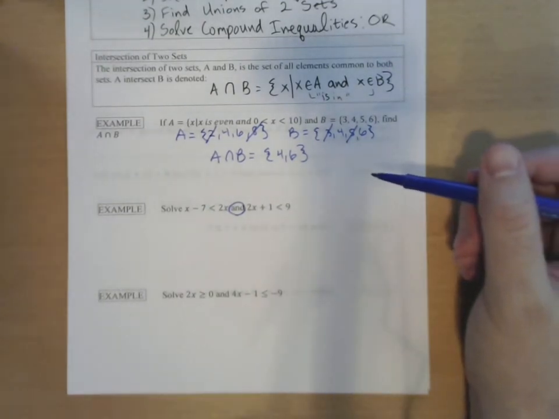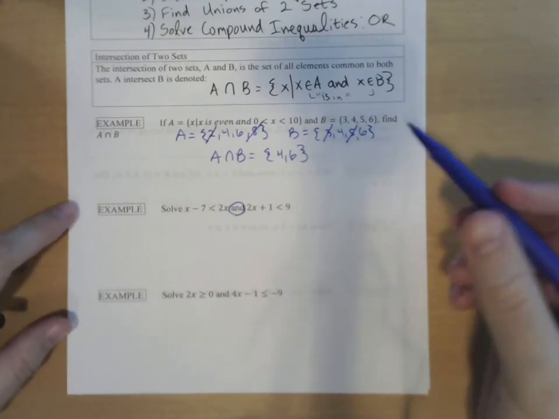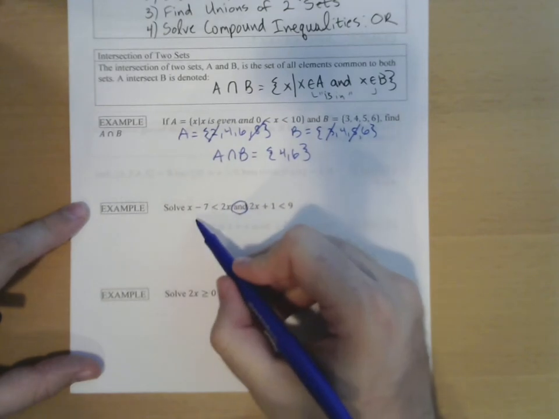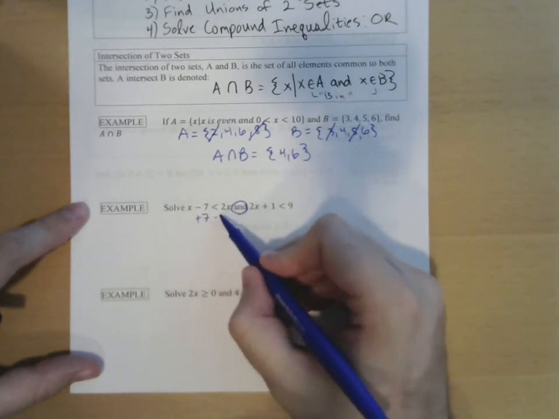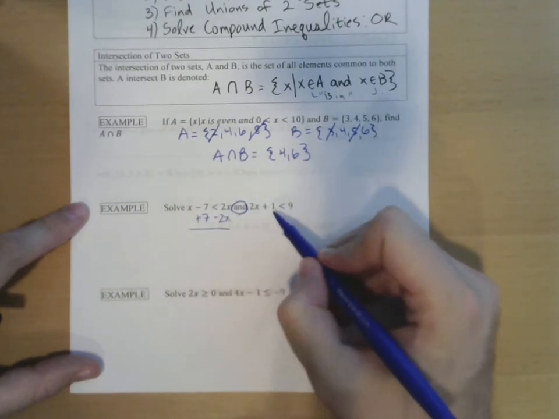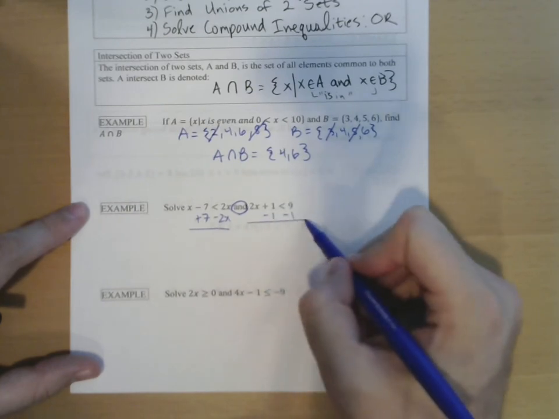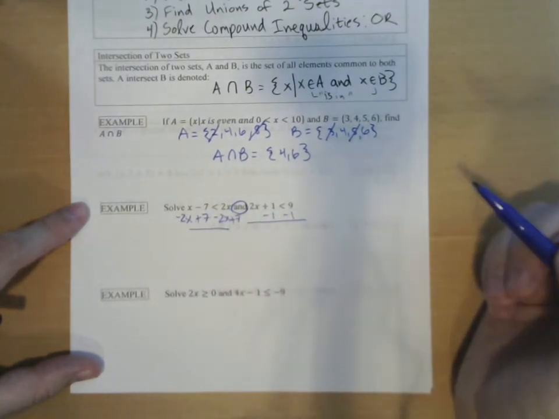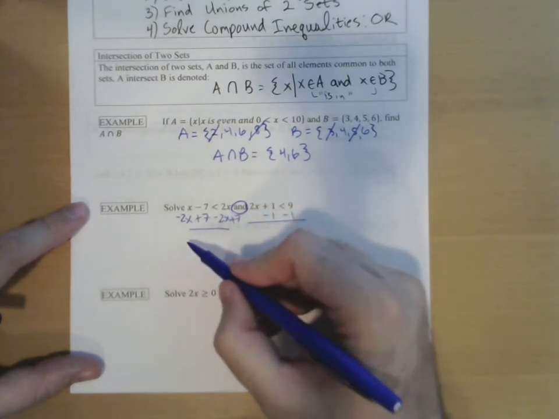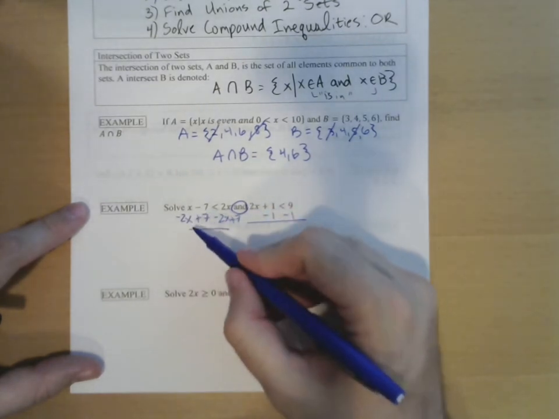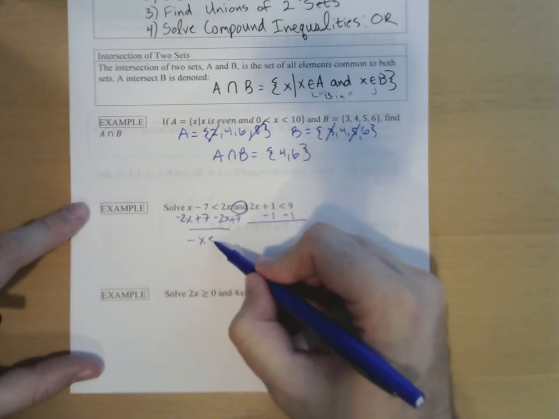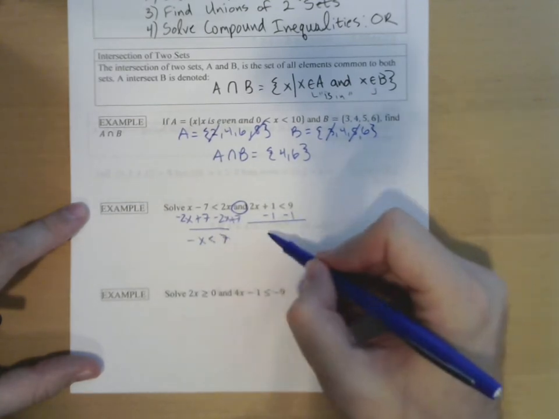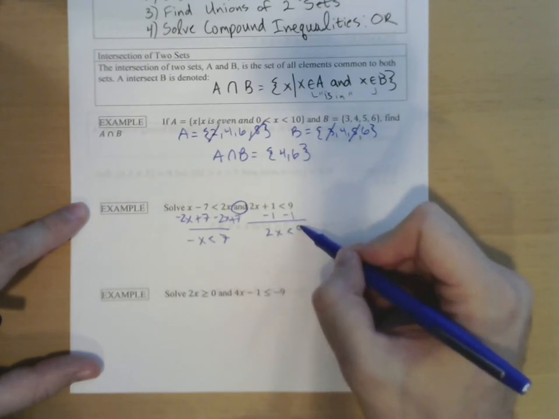So the first thing we do is solve these individually. So I'm going to add 7 here. I'm going to subtract 2x. I'm going to minus 1 here. I also need to add 7 and minus 2x both sides. And we're going to have negative x is less than 7, and 2x is less than 8.